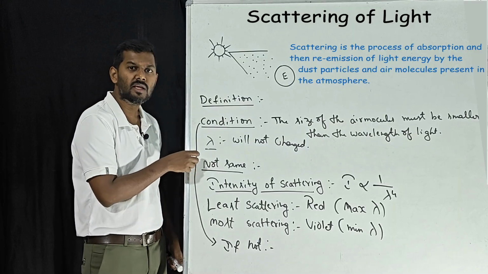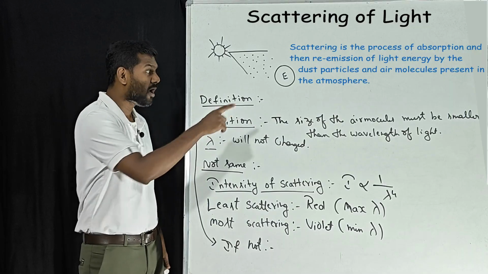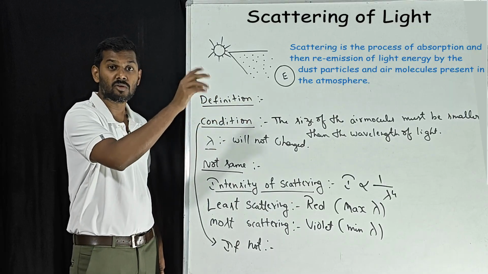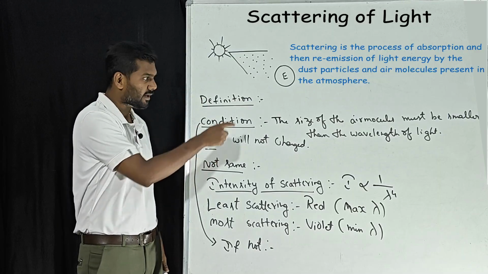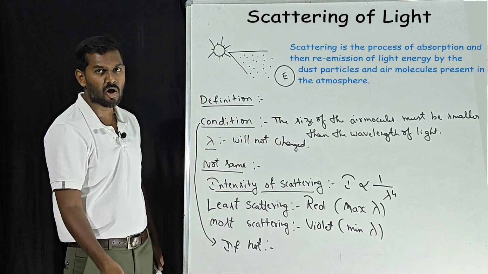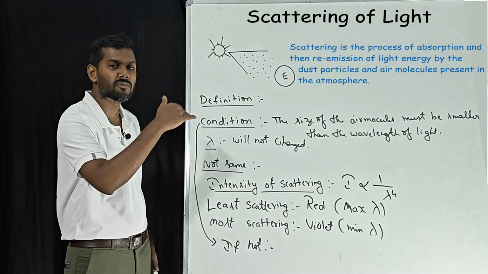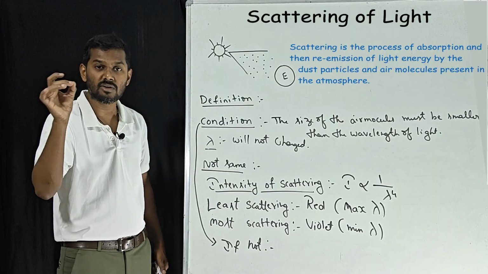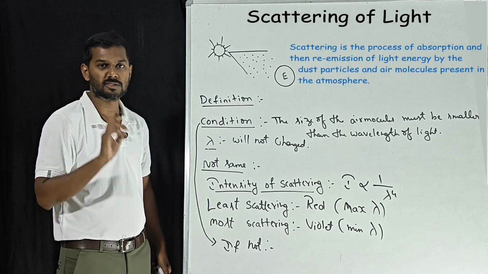Here what we have learnt, scattering is not the same for all the colors, only when the size of the air molecules is smaller than the wavelength of light. So it depends upon wavelength under this condition. If this condition is reversed, that is, if the air molecule size is bigger than the wavelength of light, then all the colors of light will scatter to the same extent. Keep this in mind.